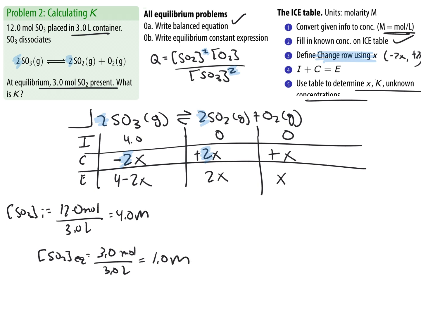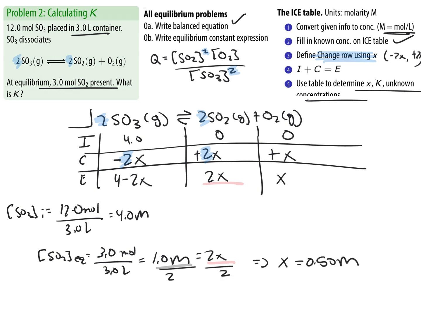Again, I can also relate that to my table, so that 1 molar for SO2 at equilibrium is also equal to 2x from my table. And then from that, I divide both sides by 2 to solve for x is equal to 0.5.